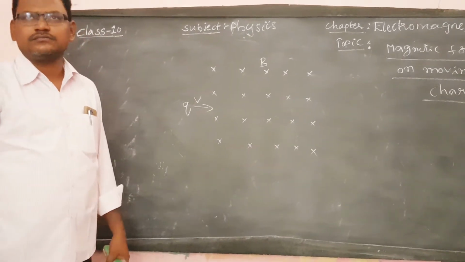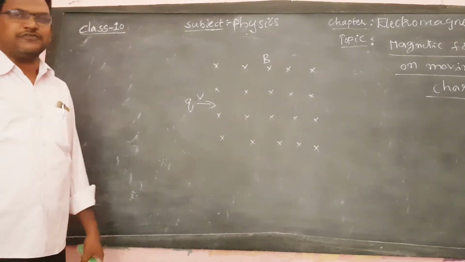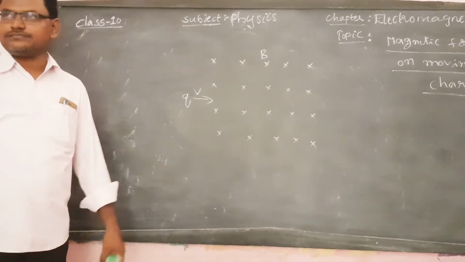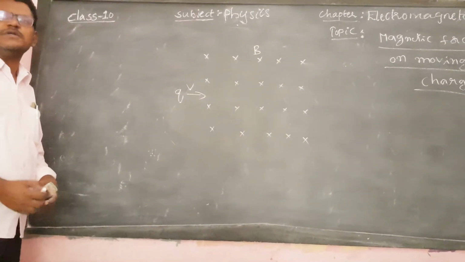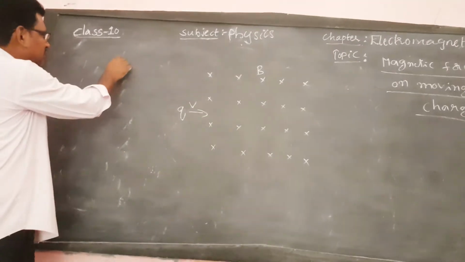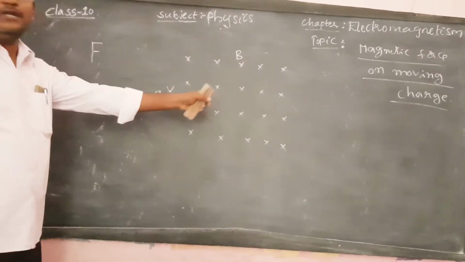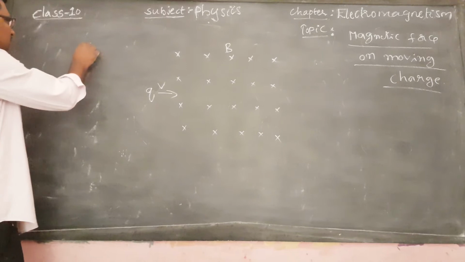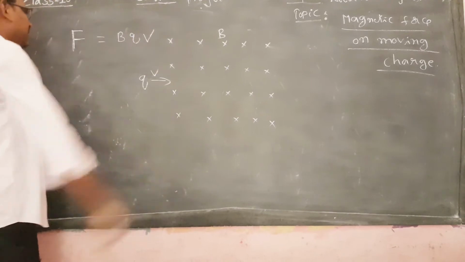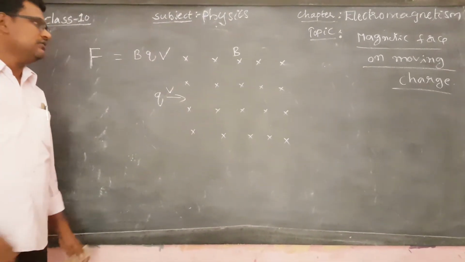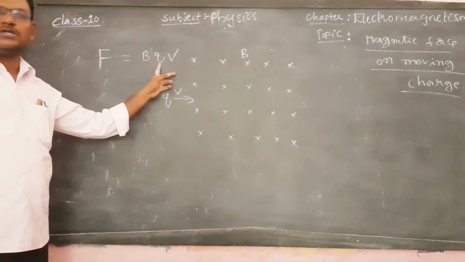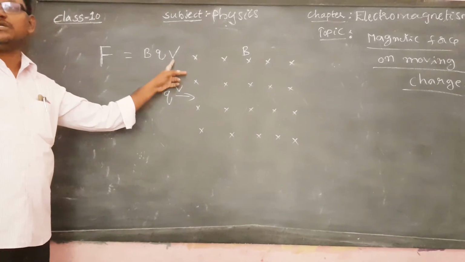Now let's see here. If a charged particle experiences a magnetic force by the external magnetic field, what is its value? Experimentally found, the magnetic force acting on a charged particle in a perpendicular magnetic field is F equals BQV. So it is a product of three physical quantities: magnetic field, charge of the charged particle, and velocity of the charged particle.